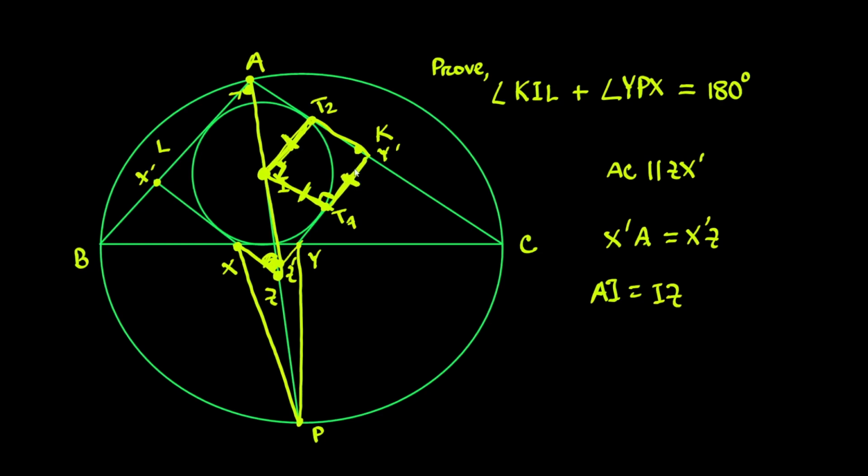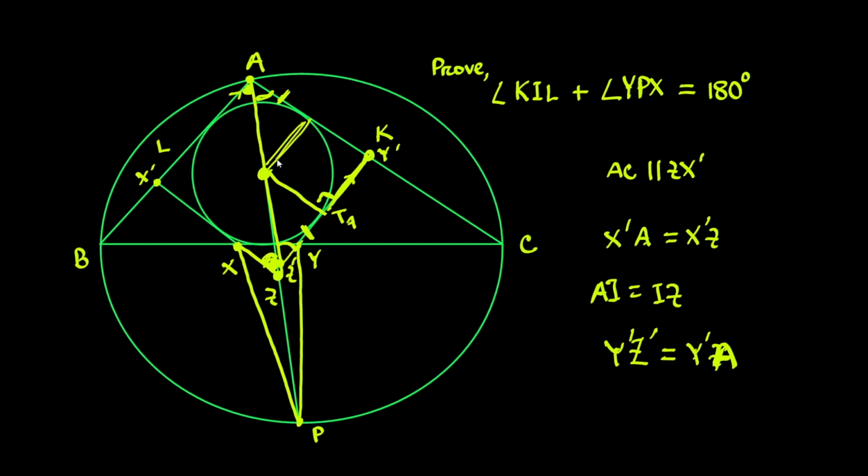Because this angle and this angle were equal, Y dash Z dash is equal to Y dash A. And from the same reasoning, this part and this part are equal. So let's remove all this.